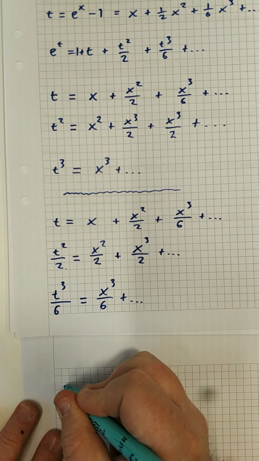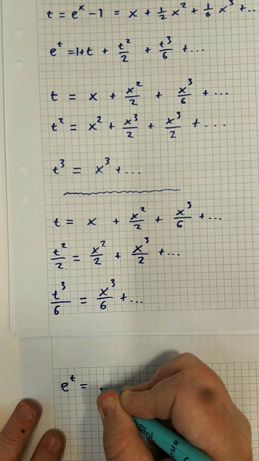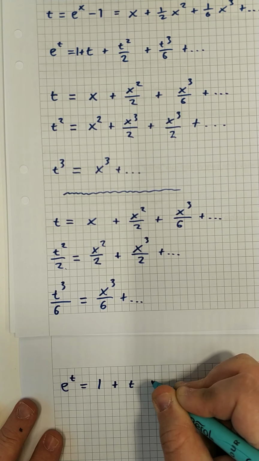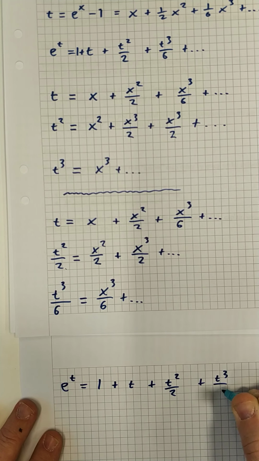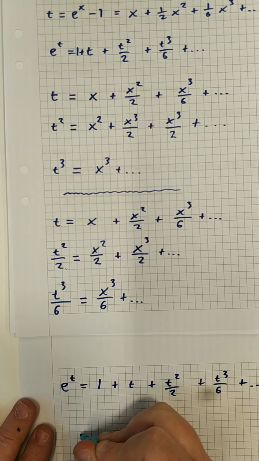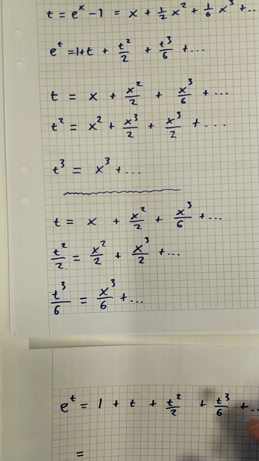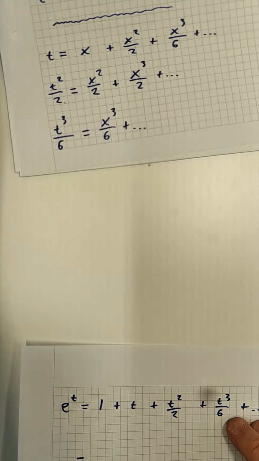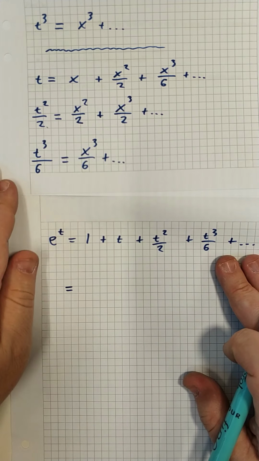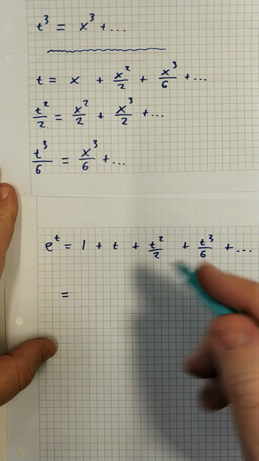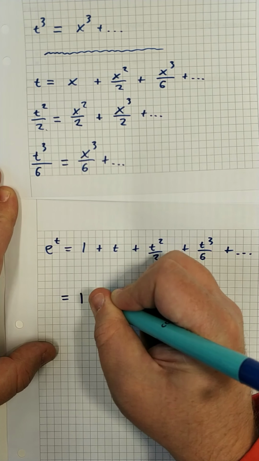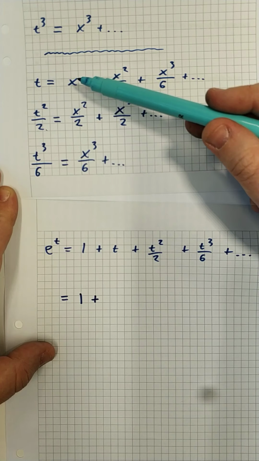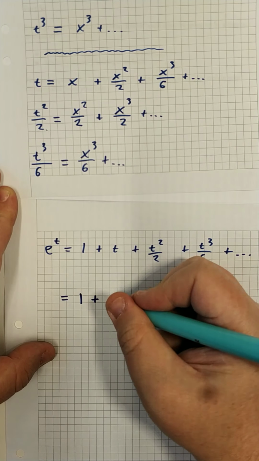So e to the power of t equals 1 plus t squared over 2 plus t cubed over 6, and higher order terms, which equals... There's only one constant term in all these three, so it's going to be a 1 plus. There's only one x term in all these three, so I'll use that.